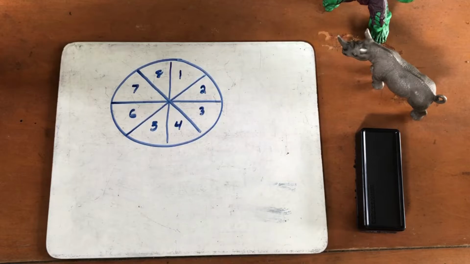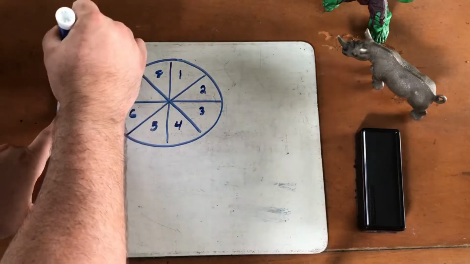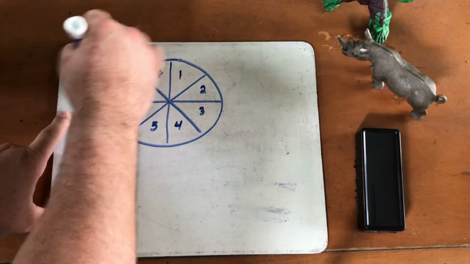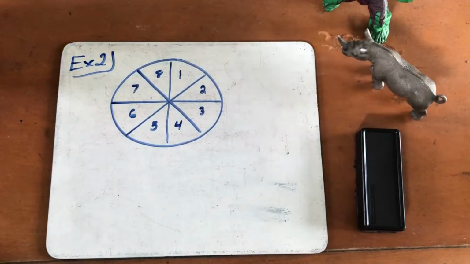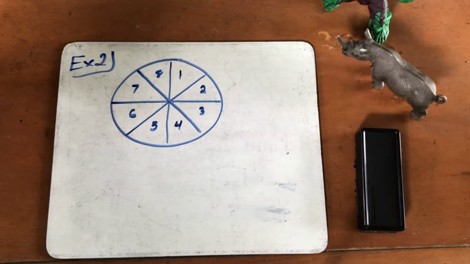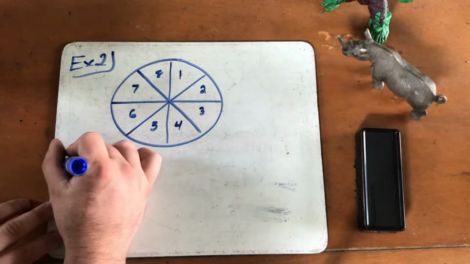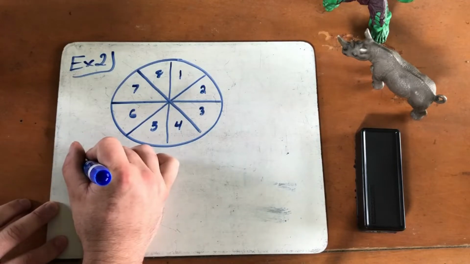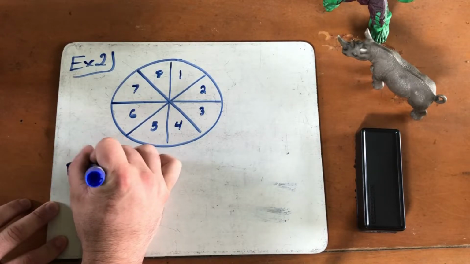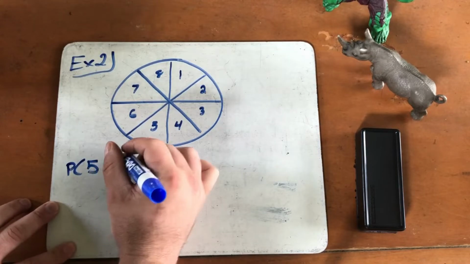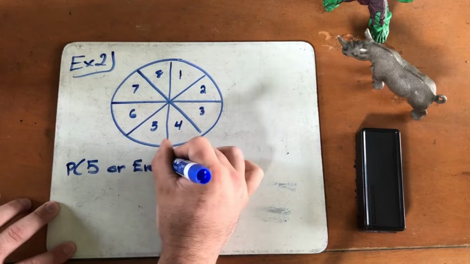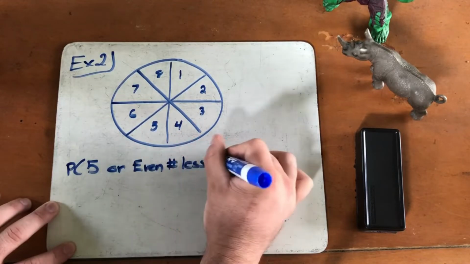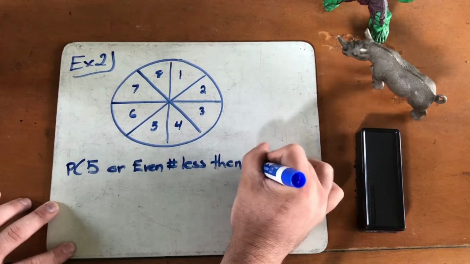For my next example, examples 2 and 3, I'm going to use the same spinner for both of them. Let's look at an example where it is mutually exclusive. Let's say I want to spin the spinner, and I want to know the probability of it landing on a 5 or an even number less than 5.